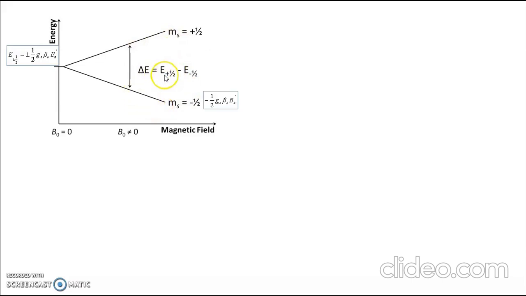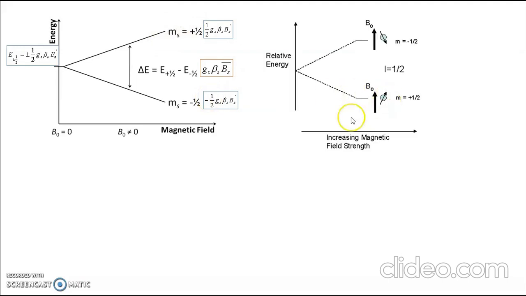Similarly here you can see a Zeeman split, minus half and plus half, with an energy difference. Now I think you get the idea about what the splitting is. Similarly, you can see for proton spin states, a similar splitting by the applied magnetic field.